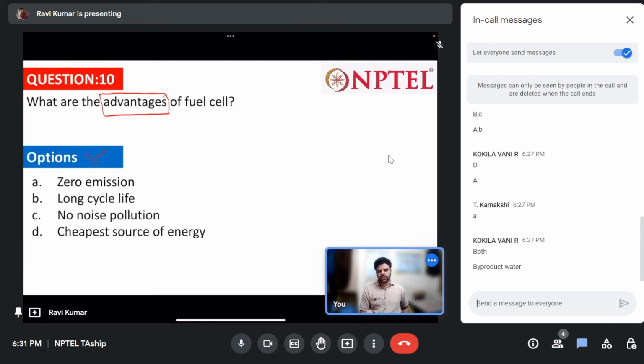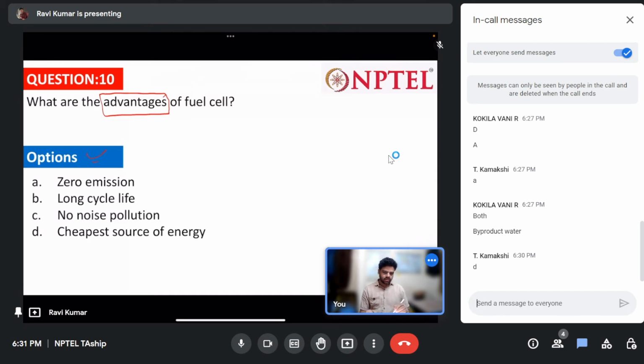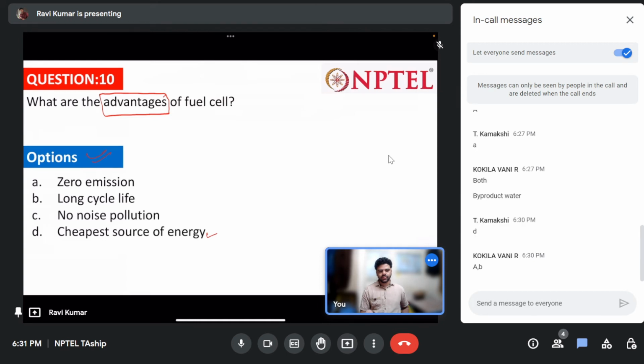What are the advantages of fuel cell? Okay. T Kamaksi is saying D. What about Kokila? A and B. Okay.